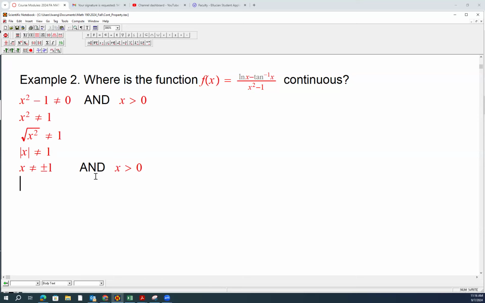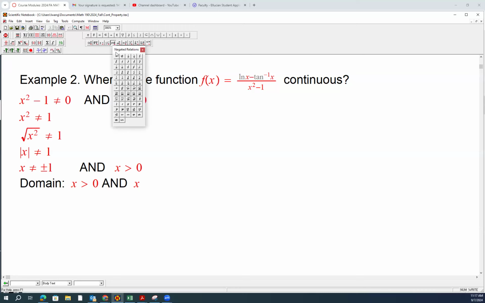So the domain would be x is larger than 0, and x cannot be positive 1. All the other numbers, it is continuous.